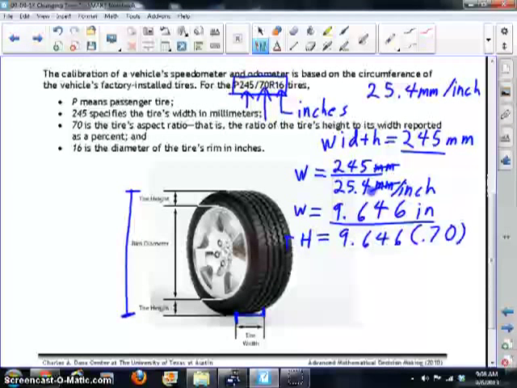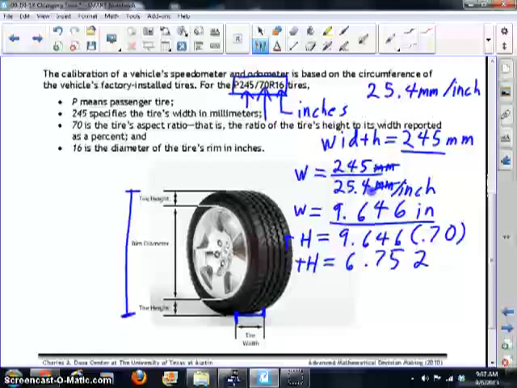Remember, when we multiply any percentages, we're always changing that 70% into a decimal. Just divide that by 100 and you'll get that. That is going to be a tire height of 6.75. And let's just round this to the nearest thousandth. So this is 6.75 inches.